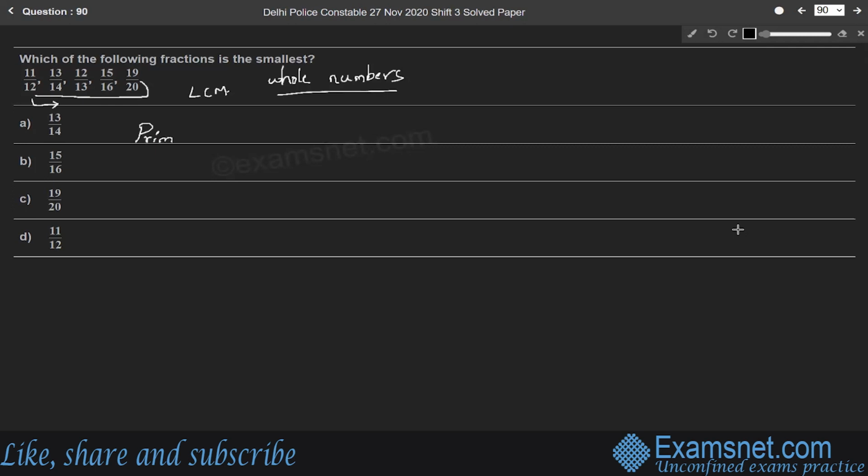So let us write the prime factors of each denominator. Prime factors of 12 are 1 into 2 square into 3, right? Whereas prime factors of 14 are 1, 2, 7.